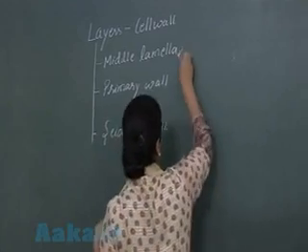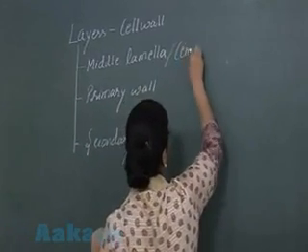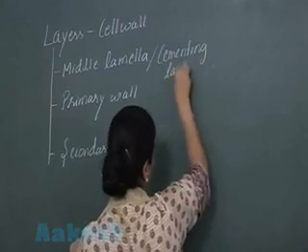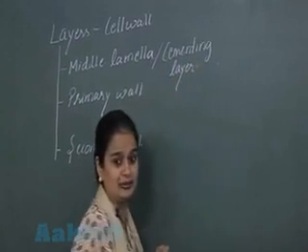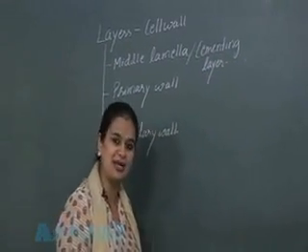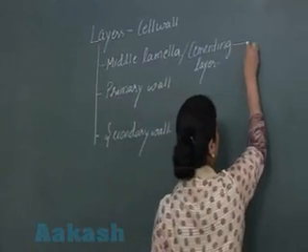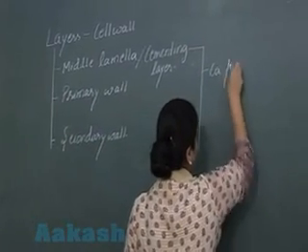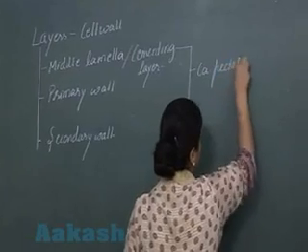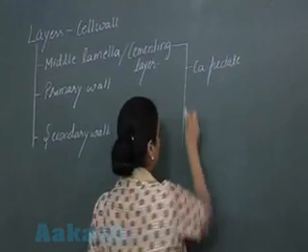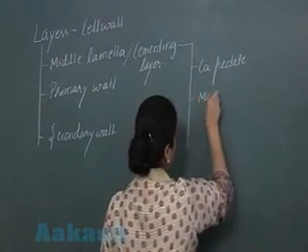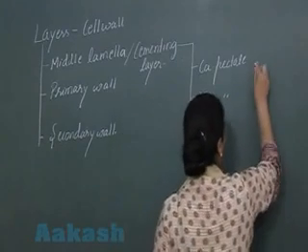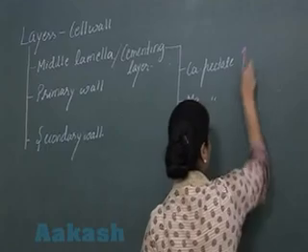Now see its composition: inside this cementing layer there is calcium pectate. Along with that, there is magnesium pectate, but the content of calcium pectate is more compared to the magnesium one.